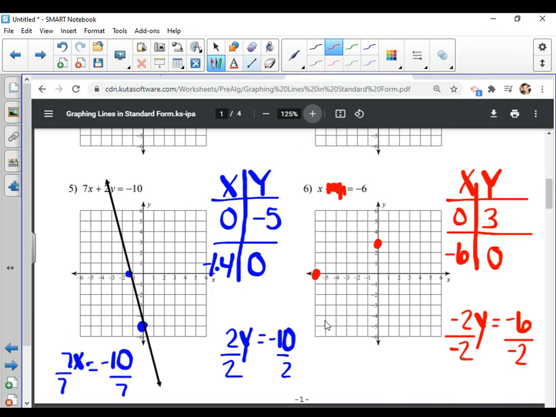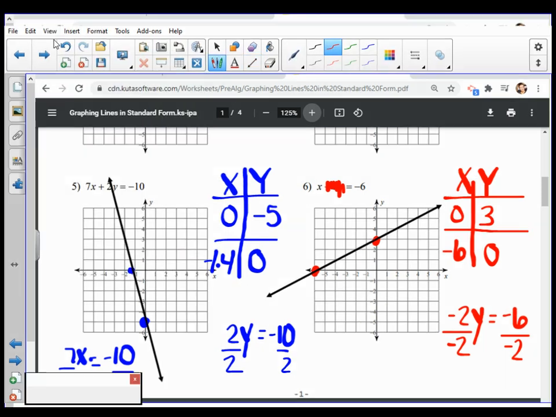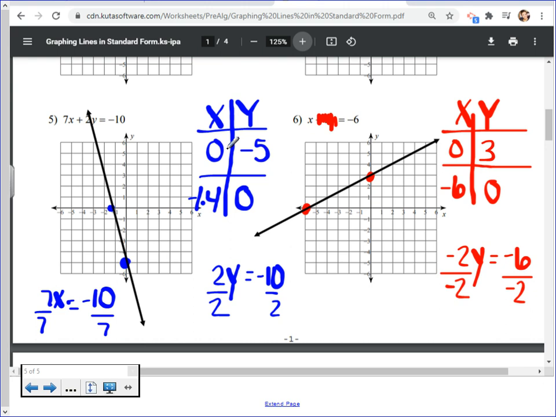I'm going to connect those 2 points with a line. Just an FYI, you guys, this is called your X and your Y intercepts. Your Y-intercept is where your line crosses the Y-axis, and your X-intercept is where your line crosses the X-axis. So the way you graph this is doing your X and your Y intercepts, actually.